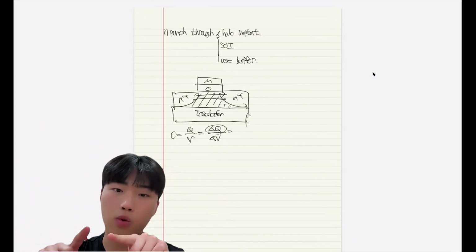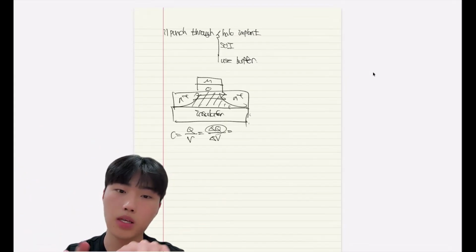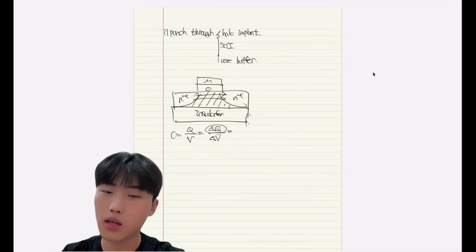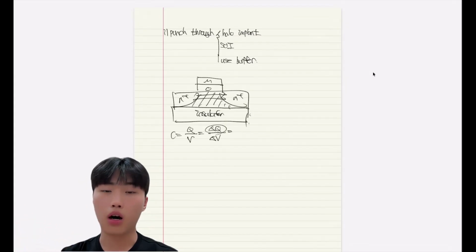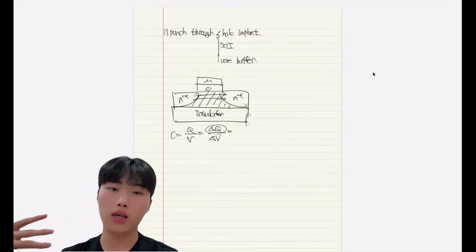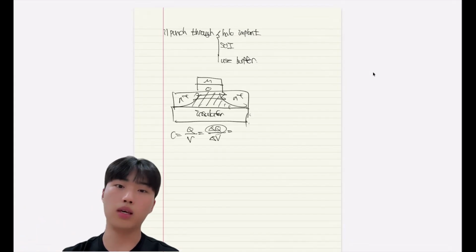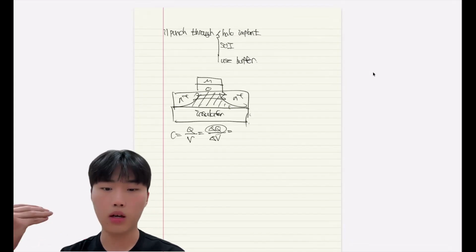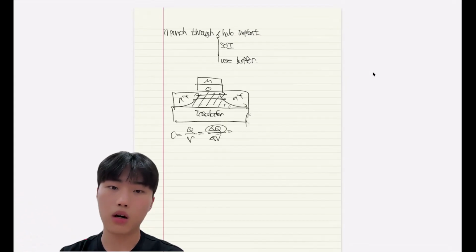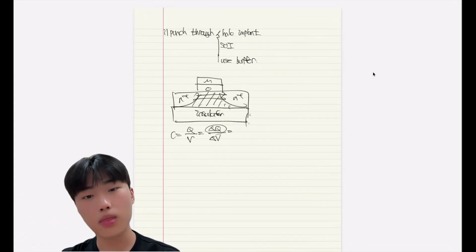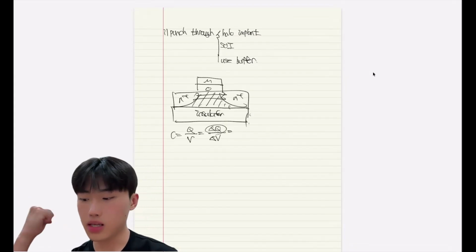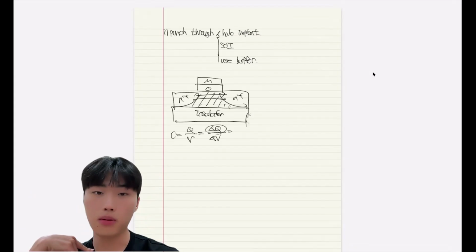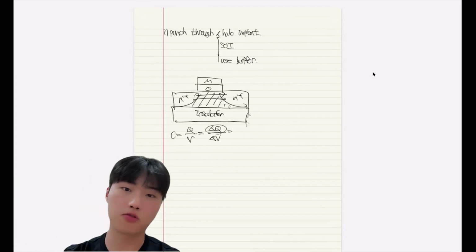But when we use an SOI substrate with an insulator, the heat cannot go out and it gets hotter and hotter. We call this self-heating. When the channel gets hotter and hotter, there are lots of problems. That will be the second problem of using an SOI substrate.